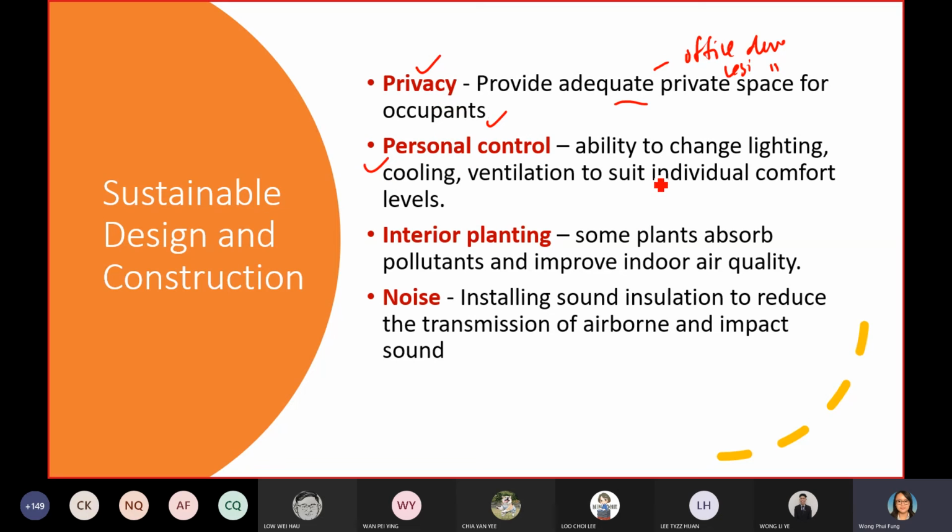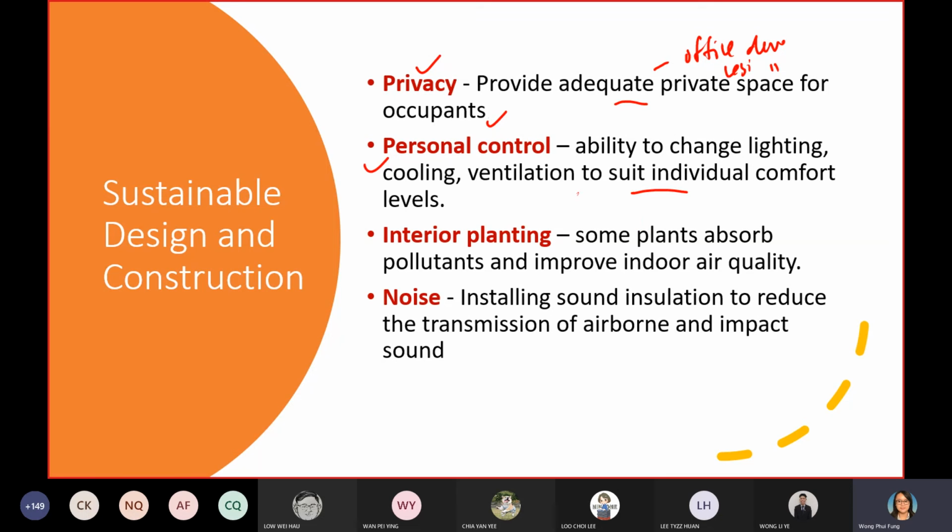Personal control is the ability to change the lighting, cooling, ventilation to suit individual comfort level. So for this one, centralized aircon is not so good, because with centralized aircon you cannot control the temperature, you cannot control the level of the coolness. Some people might feel cold, some people might feel hot.